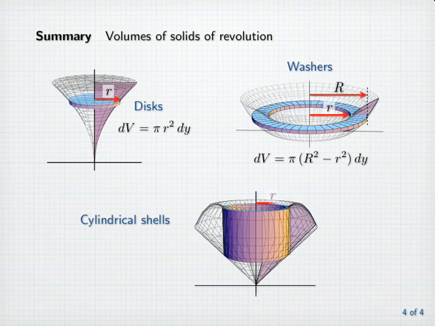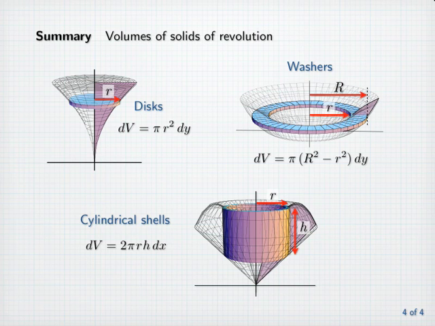The shell has a radius, r, as well as a height, h. And so dV is 2 pi r, which we think of as the circumference of the shell, times the height h, times dx, which here we think of as the thickness of the shell. Notice here that revolution about the y-axis, or any other vertical axis, results in an integral that's done with respect to x. And of course, the radius r and the height h must be expressed in terms of the variable x.